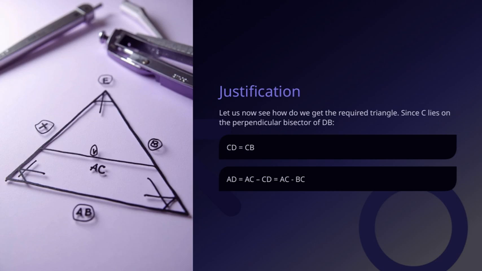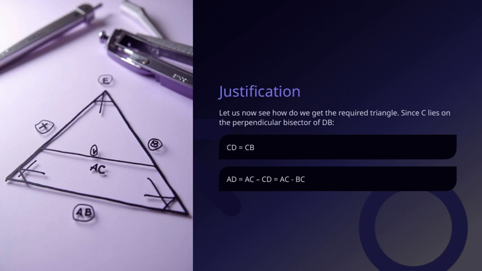Now, to find the specific triangle we're interested in, we need to consider the fact that point C lies on the perpendicular bisector of segment DB. This is a key geometric property because it means C is equidistant from D and B. By establishing this, we're justifying why certain lengths are equal and how that leads us to the configuration of the triangle we want to analyze.